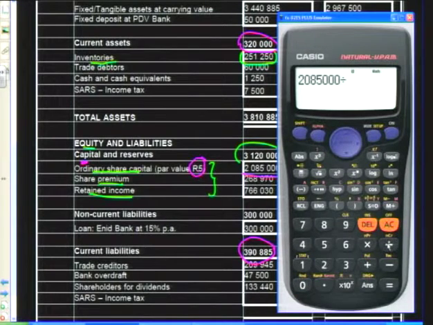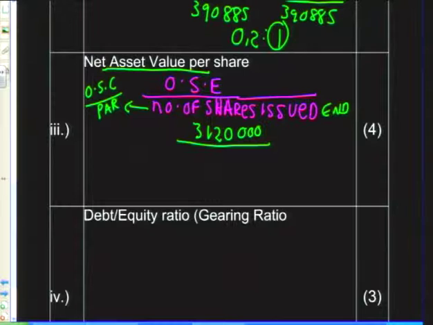I'm going to divide this by 5 rand to get number of shares that are issued, 417,000. So let's take that through. 417,000. And remember, guys, I want my answer in cents, so I'm going to multiply by 100 to get my answer in cents.